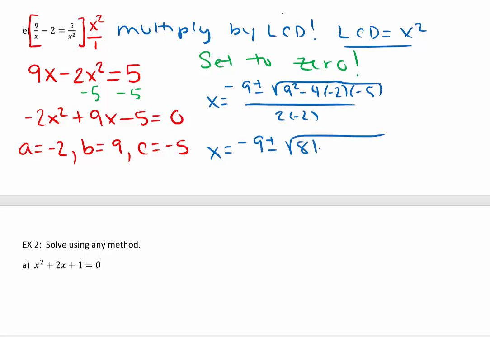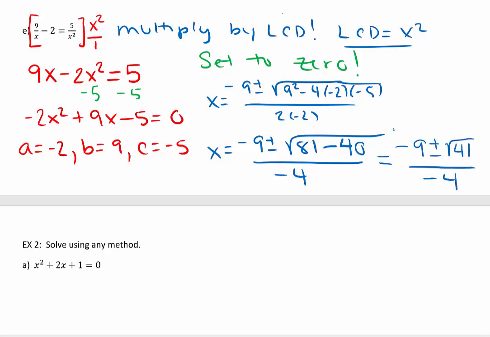So negative 9 plus or minus square root of 81, and then I've got 3 negatives there. Minus 4, minus 2, minus 5. That is a minus 40 all over negative 4. And 81 minus 40 is 41.